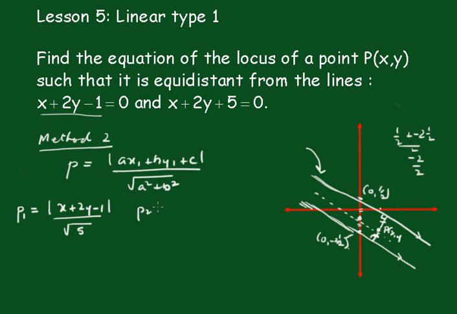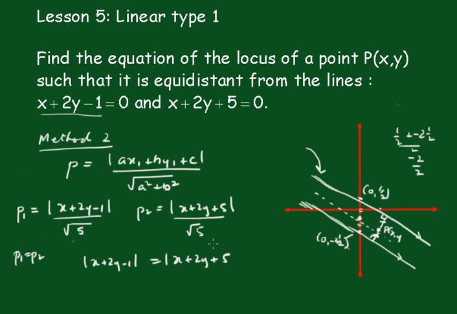The second one, p2, equals the absolute value of x plus 2y plus 5 all over the square root of 5. Now p1 equals p2. Therefore, the absolute value of x plus 2y minus 1 equals the absolute value of x plus 2y plus 5, and these root 5s go out.